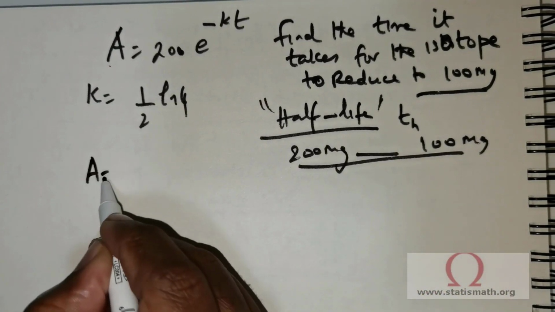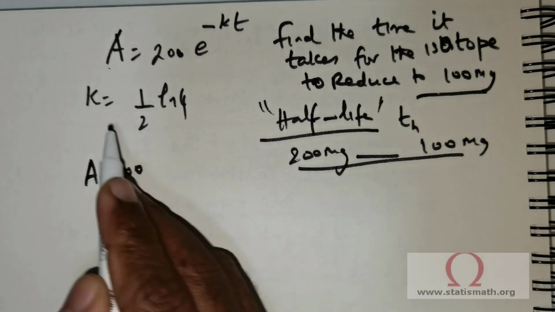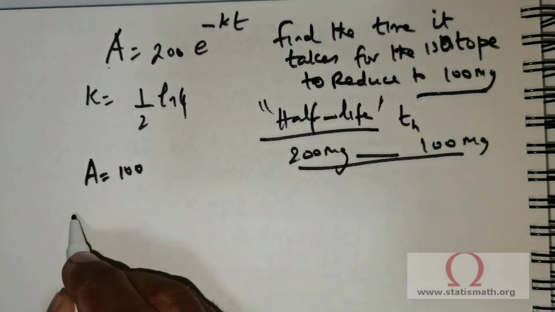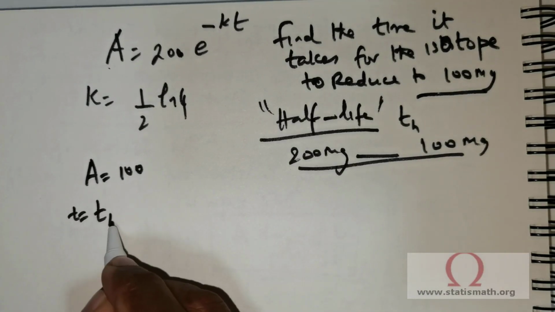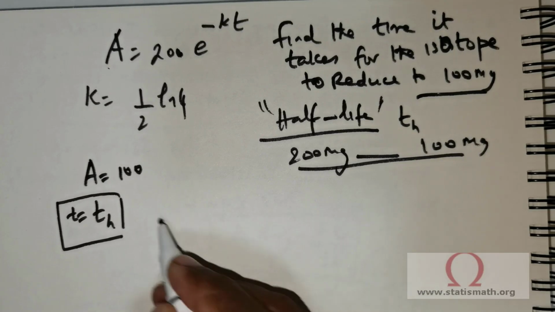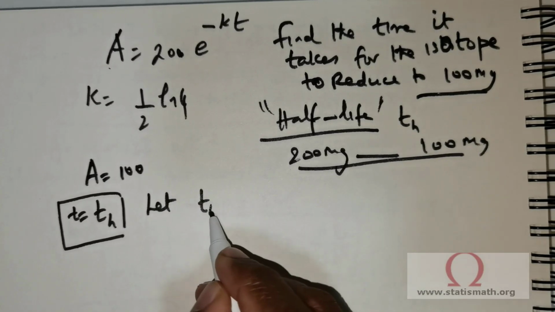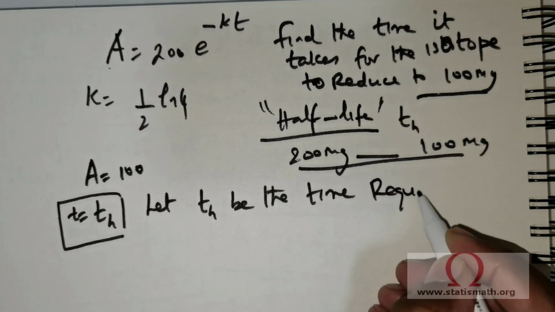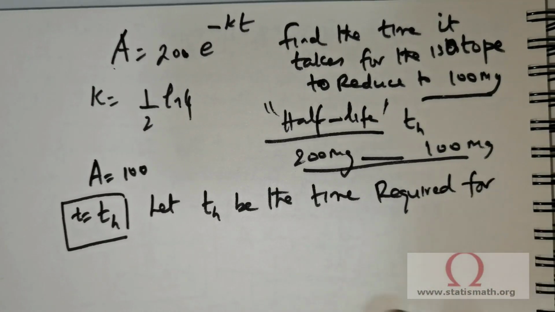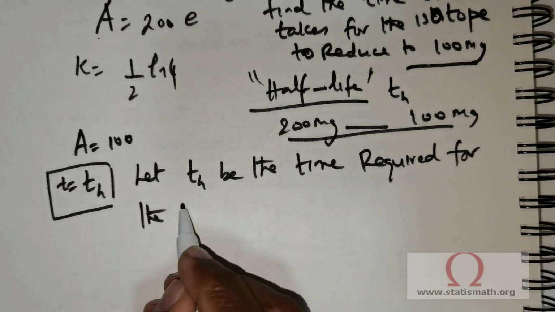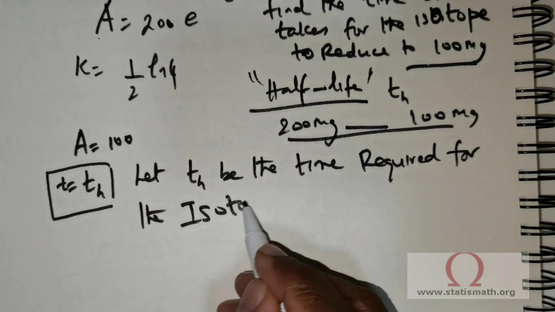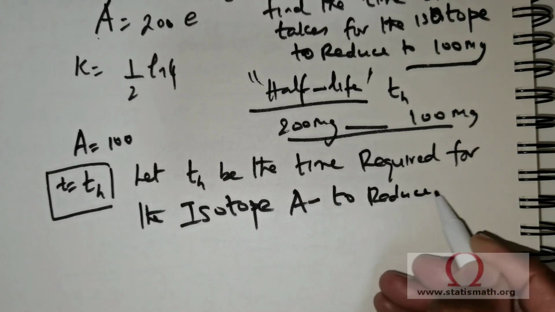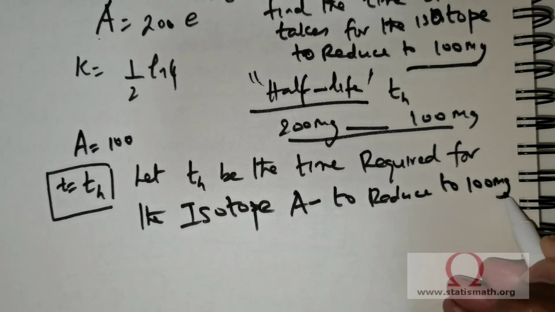So the value of A is now going to be 100. I know the value of k. I am expected to find T. So in this case, T is going to be T H. Okay. So I can write that down. Let T H be the time required for the isotope A to reduce to 100 milligram.